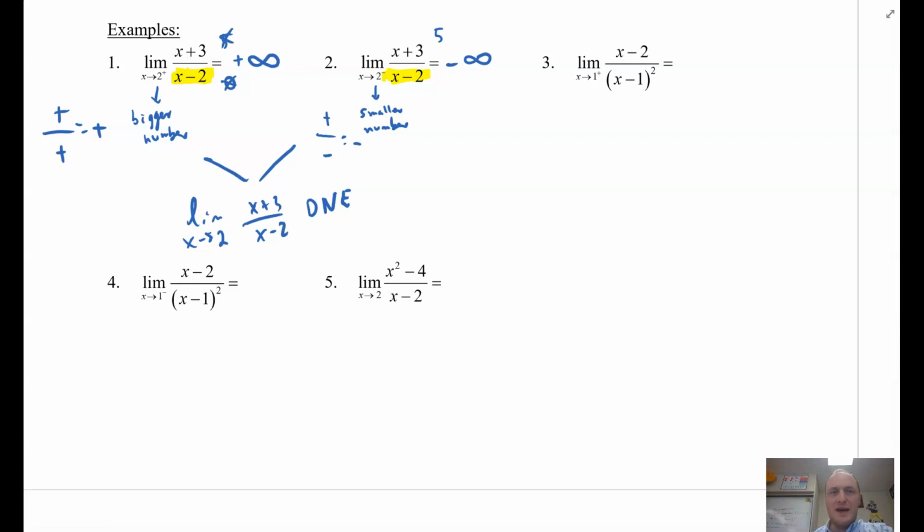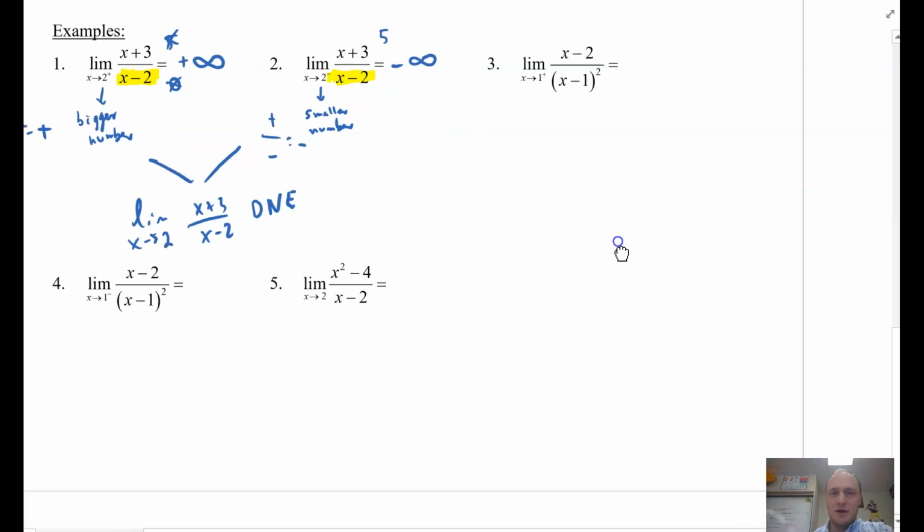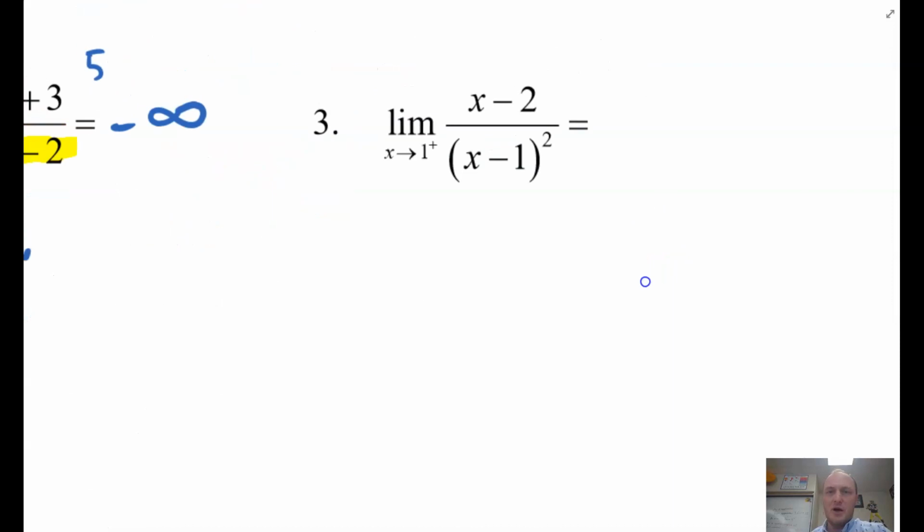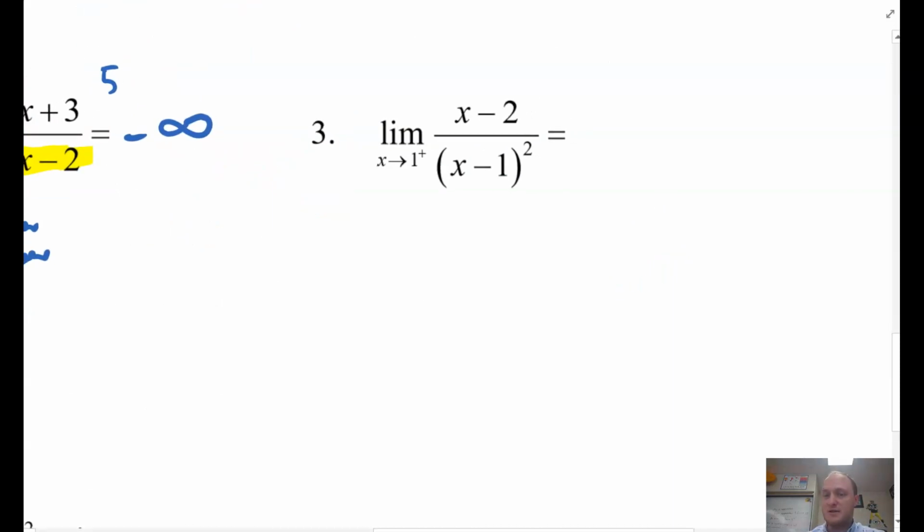Now, looking at example 3, I wonder what type of asymptote this is. Look at that power in the denominator. We'll do the same type of sign analysis. I'm going to plug 1 into my numerator: 1 take away 2 would be -1. In our denominator, if I plug in 1 minus 1, we get 0. So again, some sign analysis.